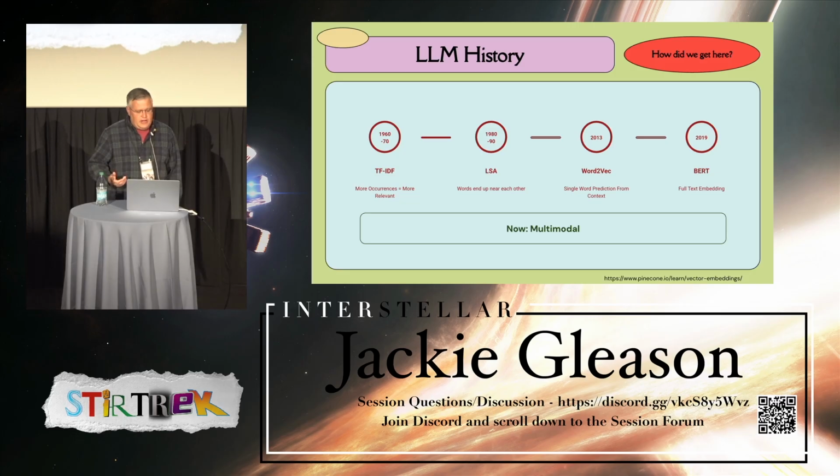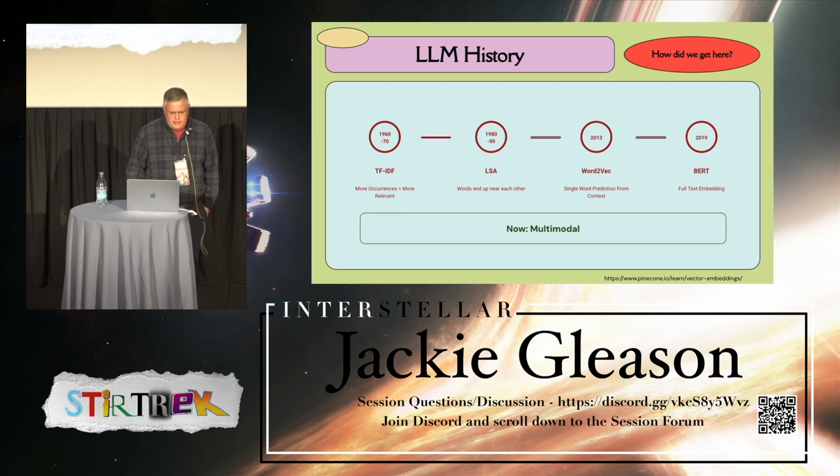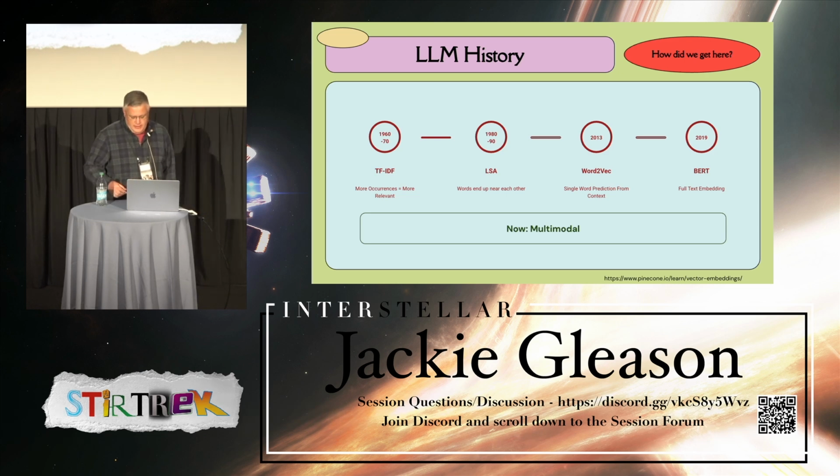It started off with the idea of how do we measure occurrences of words within a document in order to guess at what the document is really trying to talk about. That started with TF-IDF, which was a way to score frequency of words. That was the first step toward looking at a document and breaking it down into its individual words and scoring those words.